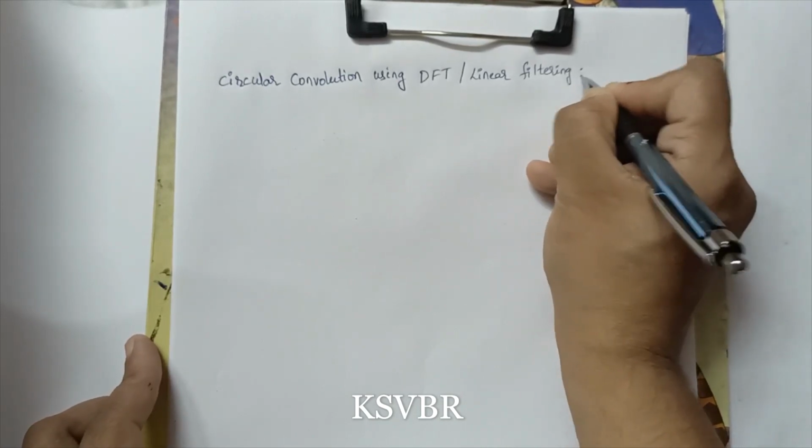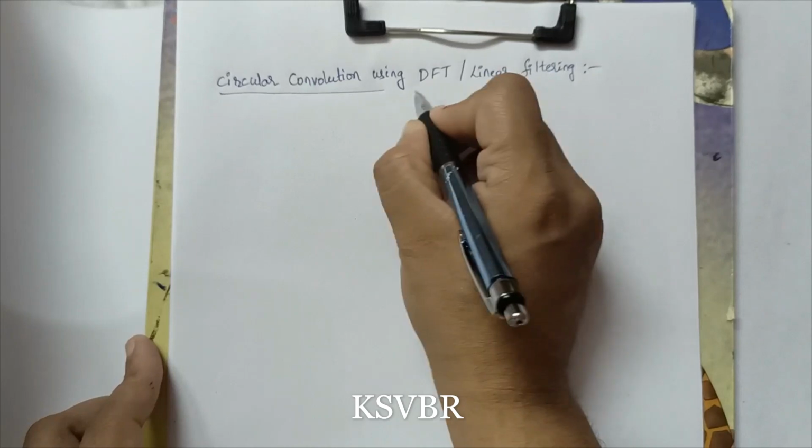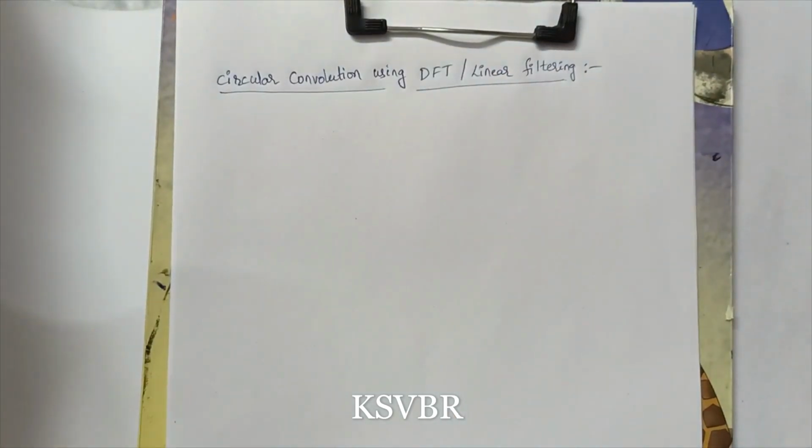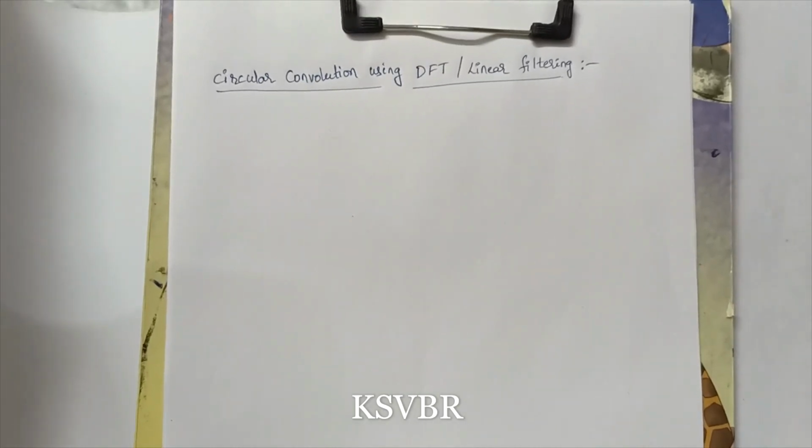So we have already discussed circular convolution and how we are going to do problems on it. Now we are going to see how circular convolution is solved using DFT, or else DFT is solved using circular convolution. So I am giving you a question here.